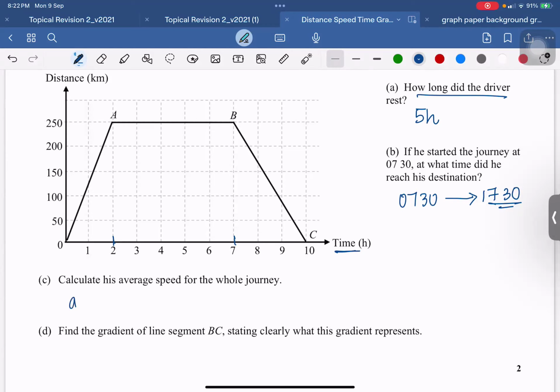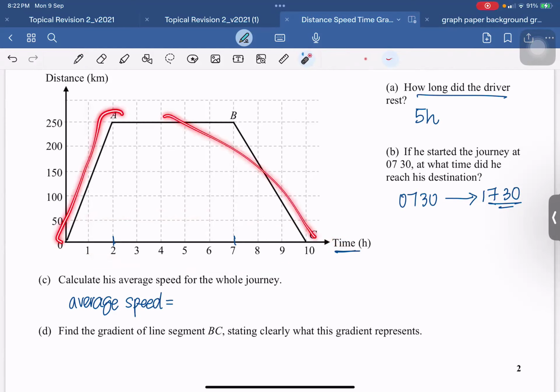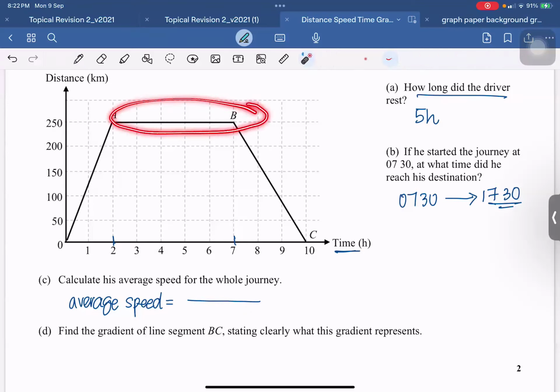Now, next one, find his average speed. Average speed is given by total distance over total time. Did he drive a total distance of 0? He goes out, then he comes back again. Is it 0 or is it 250? At rest, did he travel any distance? No, right? So he travels out how much distance? 250.